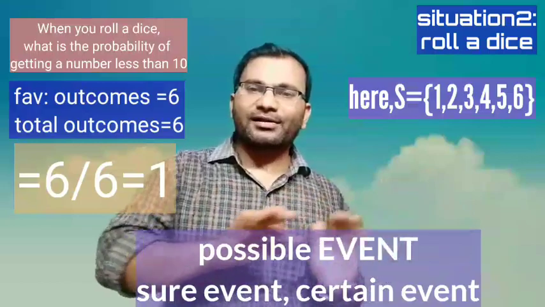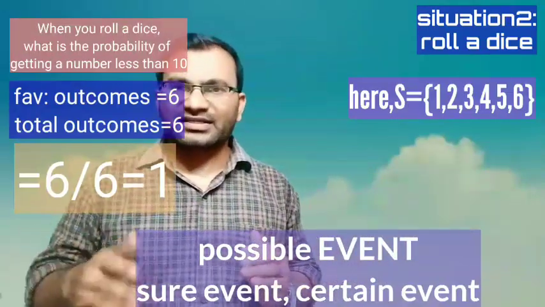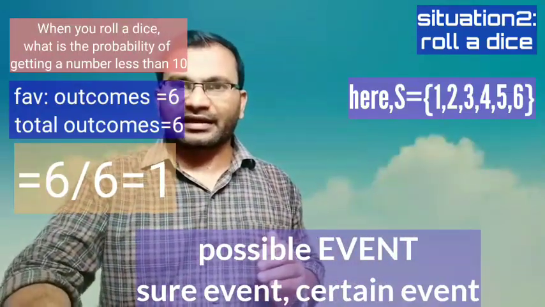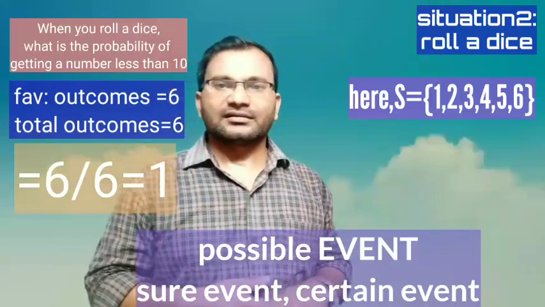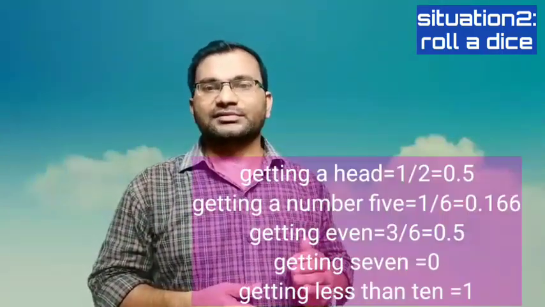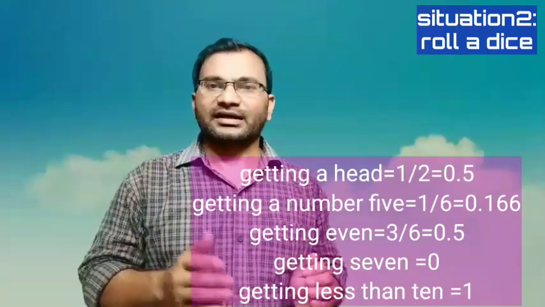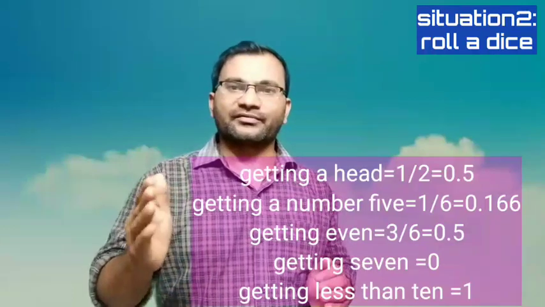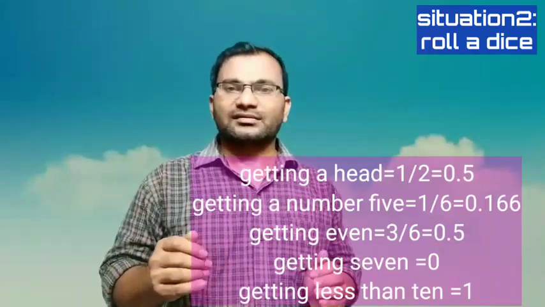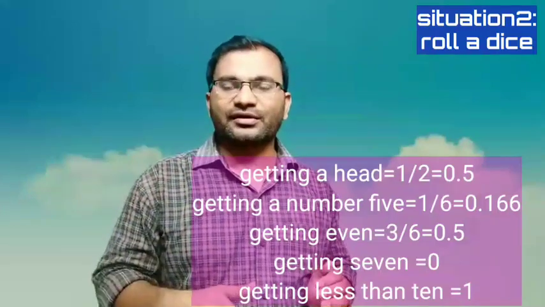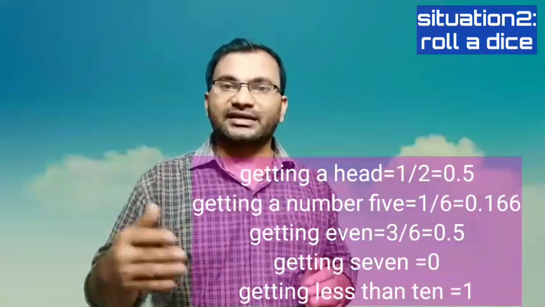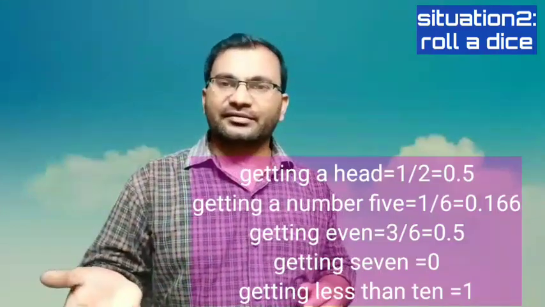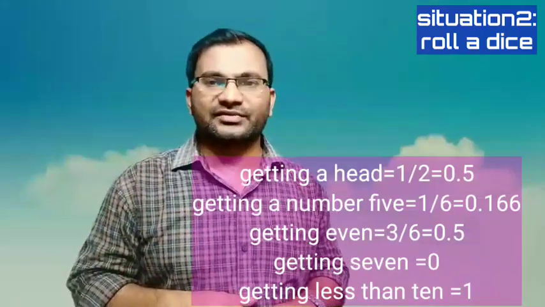When we compare all the probabilities we discussed from earlier till now, getting a head is 1 by 2, that is 0.5, getting a number 5 is 1 by 6, and so on. Getting 7 is 0, getting less than 10 is 1.